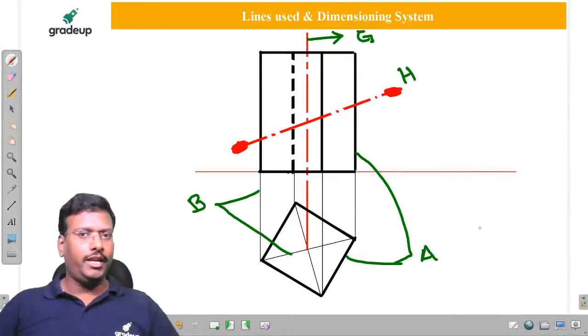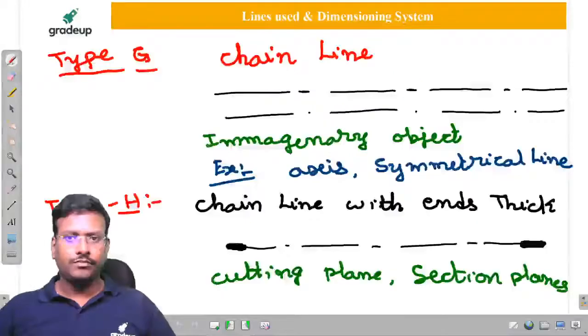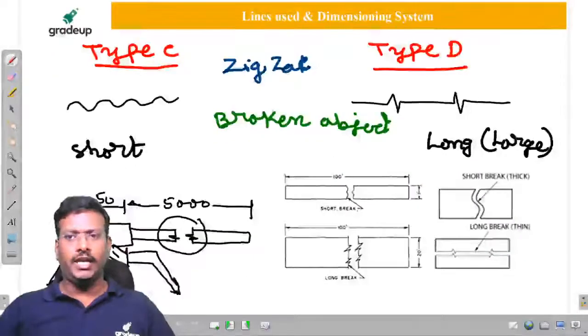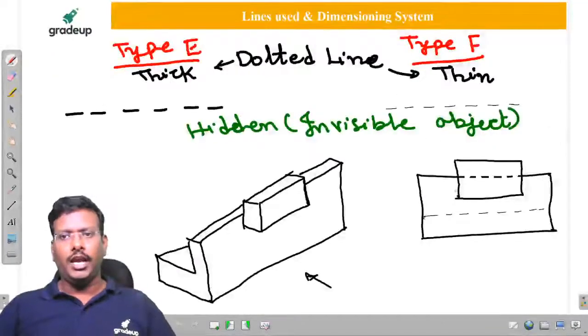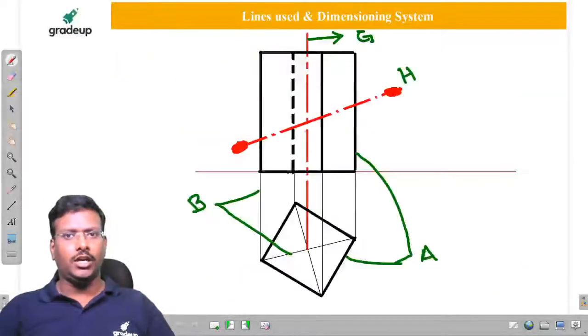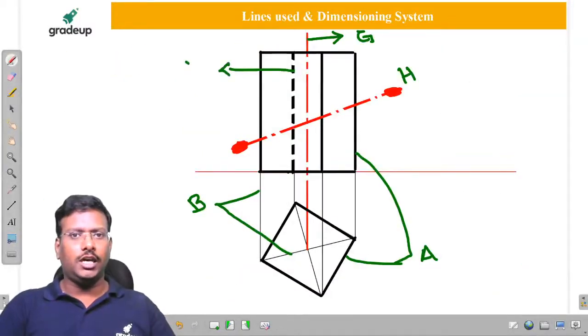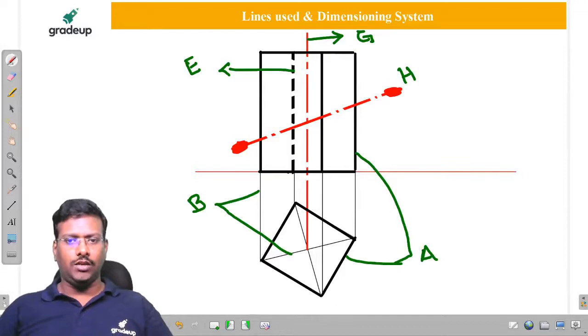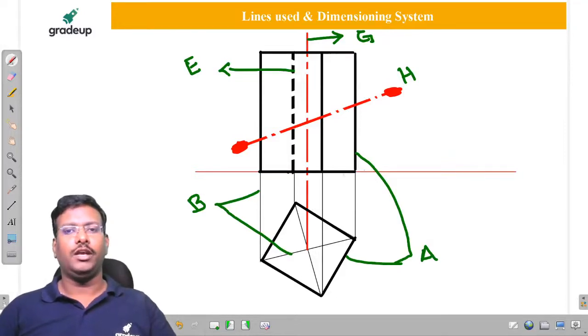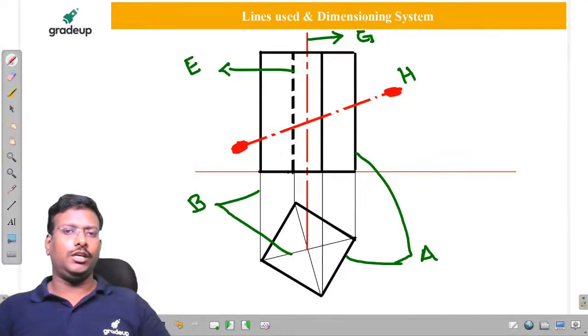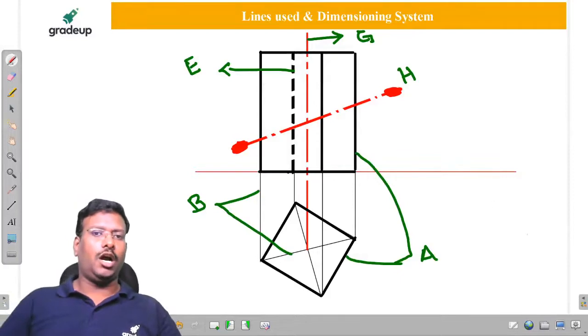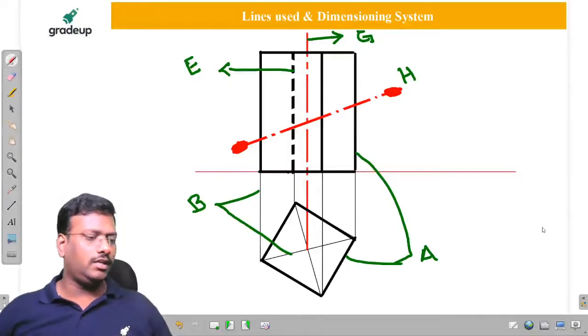I hope I gave the remaining answers, because type C and D I showed. E and F also shown, but here dotted is also there. This will come under type E because it is the invisible part of the actual object only. And F is already mentioned. G and H are over. Is it clear to all of you, my dear friends?